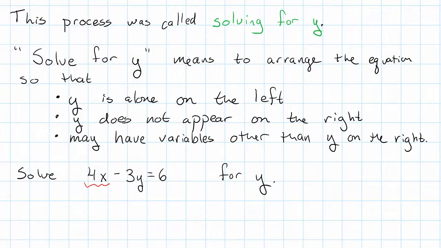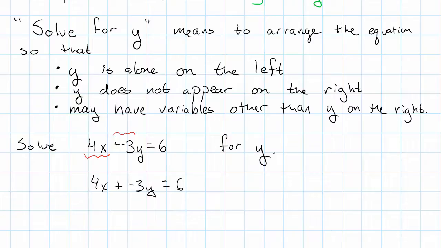And we have this term, and then we have a coefficient. We want to get rid of the other term first. Again, we'll understand this as plus negative. Right, we have 4x plus negative 3y equals 6. We want to get rid of the 4x first.